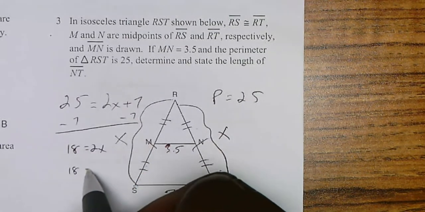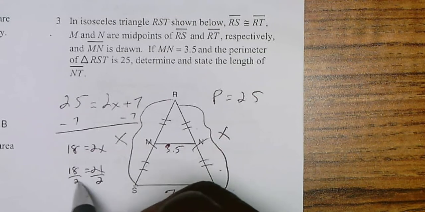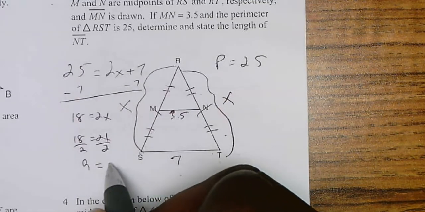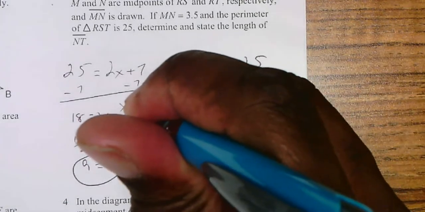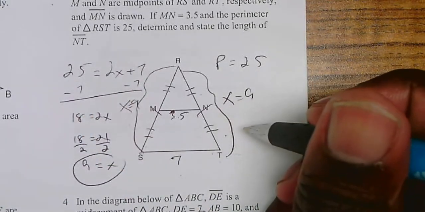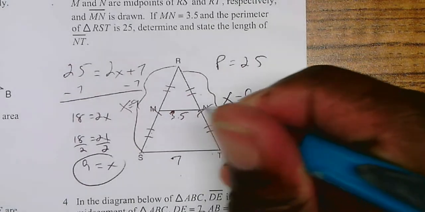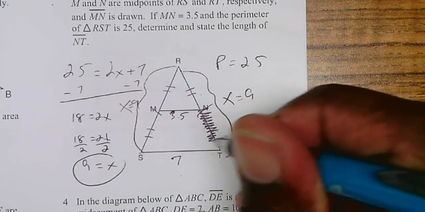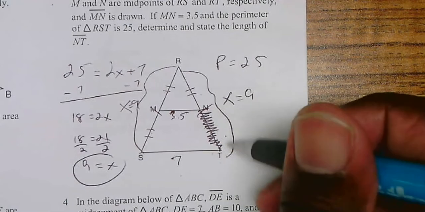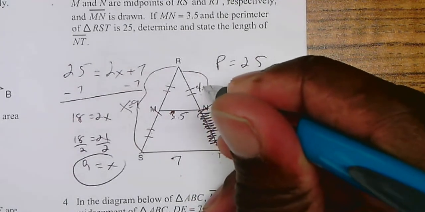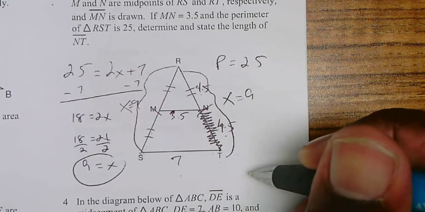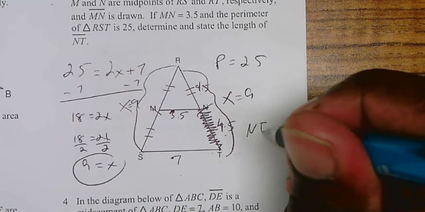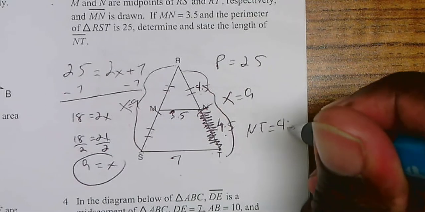So you divide by 2. 9 should equal x. So the missing sides are 9 apiece. It asks you to find NT, which is this piece. If the whole thing is 9, each piece there has to be 4.5. So I know NT equals 4.5.